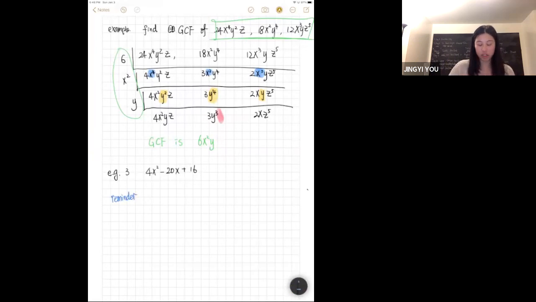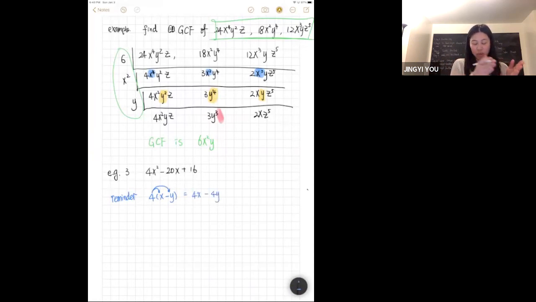For distribution, if you have 4 times x minus y, that is equal to what? If I want to distribute 4 inside the parentheses, you use 4 to multiply every term inside the parentheses, you will have 4x minus 4y, right?